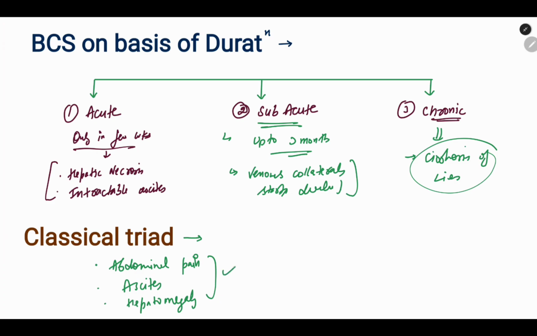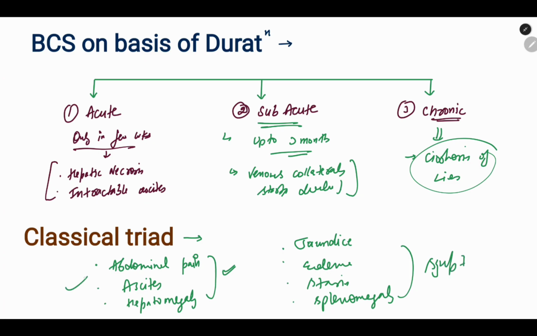The other symptoms include the development of jaundice, as liver function is affected, development of edema, and stasis and splenomegaly are also seen. So these were some of the main symptoms along with the classical triad.